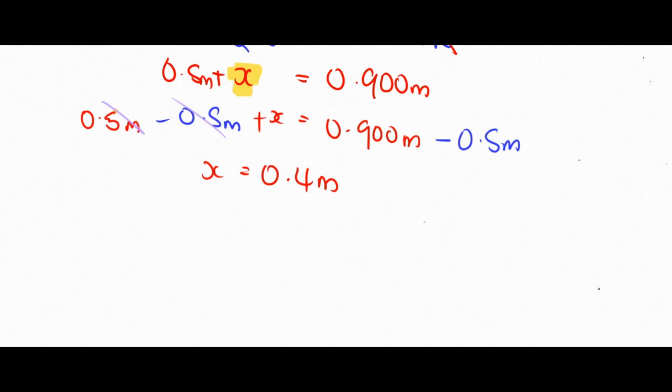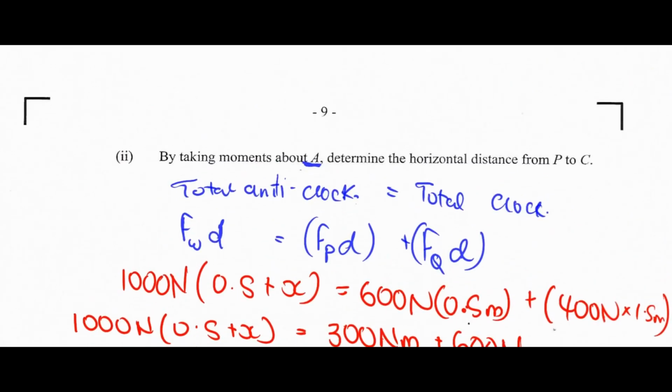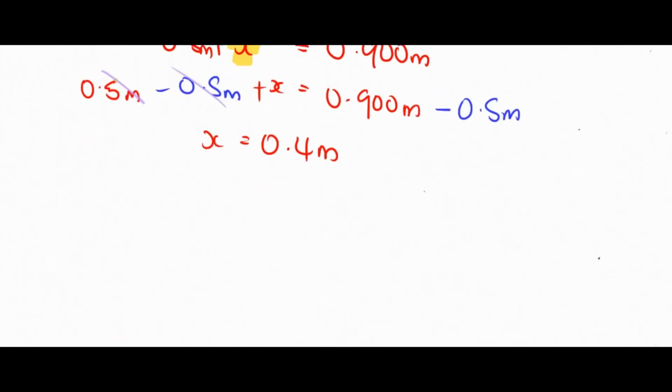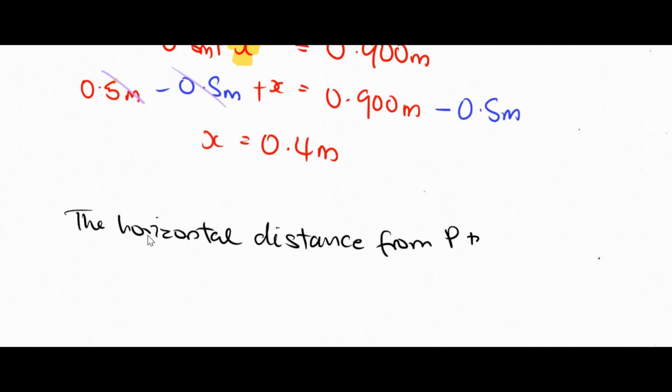So my end problem statement would read that the horizontal distance from P to C is 0.4 meters. I make this a habit because I don't want them to mistake anything, especially because I'm not so sure if my handwriting is up to par.